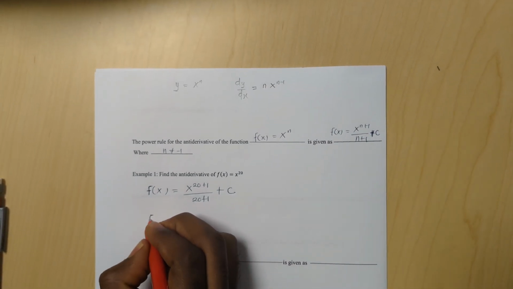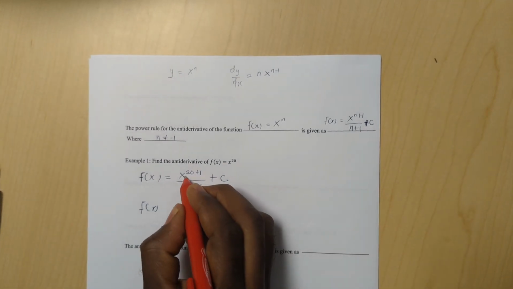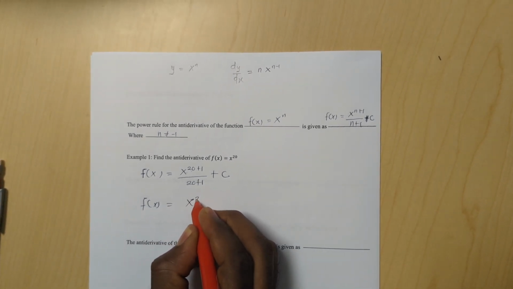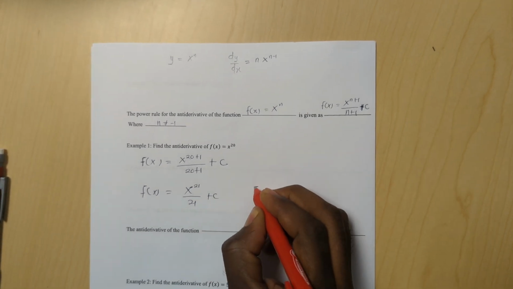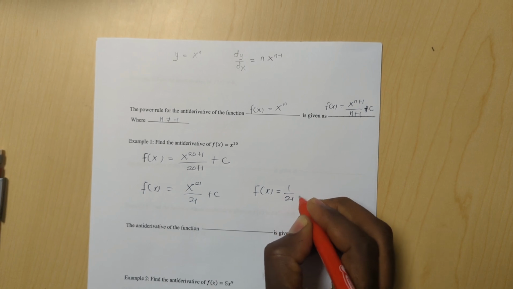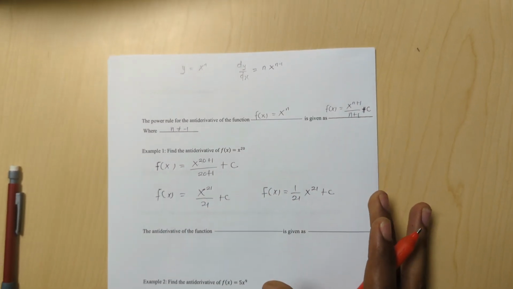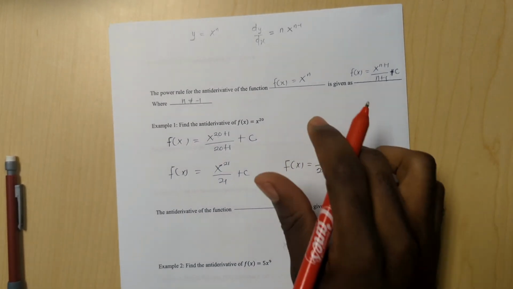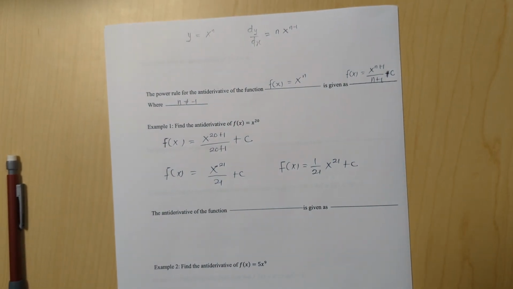So the antiderivative of the function s exponent 20 will just be, 20 plus 1 is 21, s exponent 21 over 21 plus c, which we can rewrite as 1 over 21 s exponent 21 plus c. Realize that when we differentiate this function, we'll get s exponent 20. So we can conclude that this is an antiderivative of the function s exponent 20.